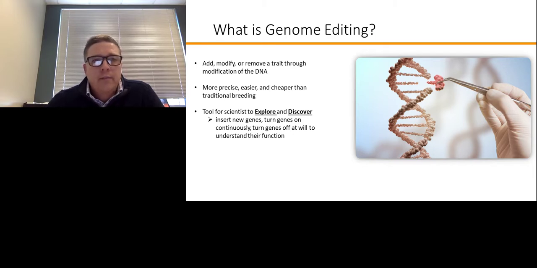So it's a breakthrough tool that allows us to more precisely and faster add traits in the context of crop breeding, or perhaps edit the genome of humans to understand the underlying genetics that are driving heritable diseases and things like that. So it's a tool for scientists to explore and discover how genes function in the cell.